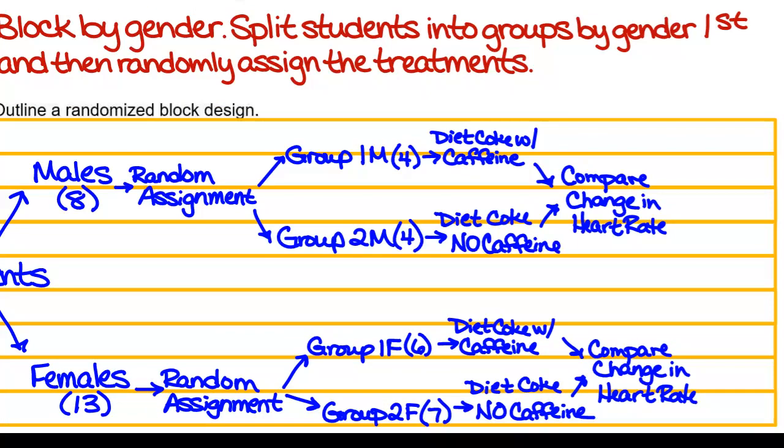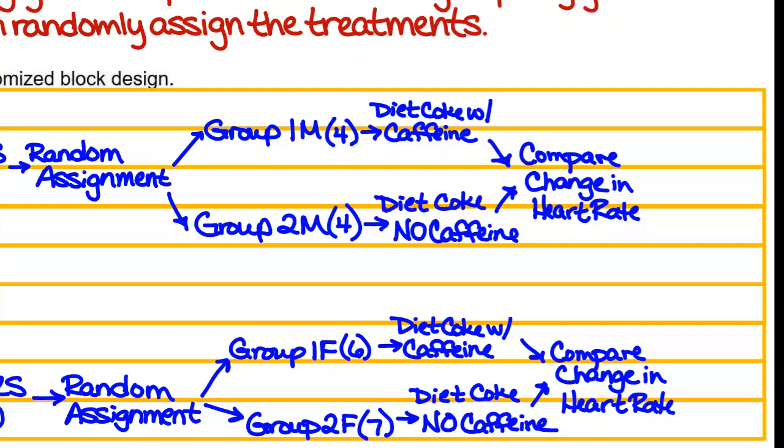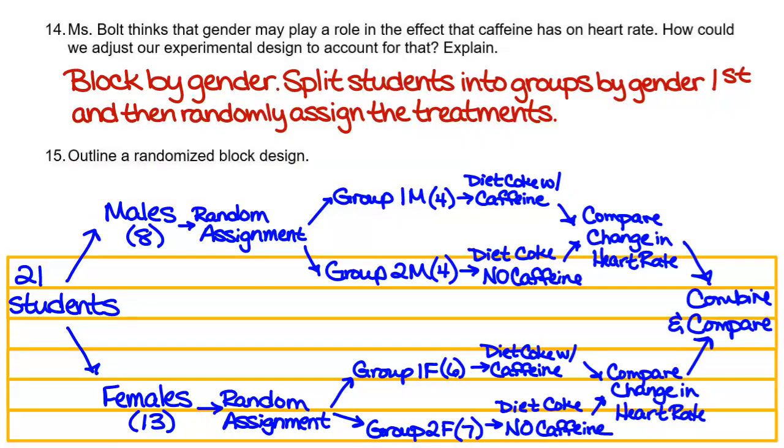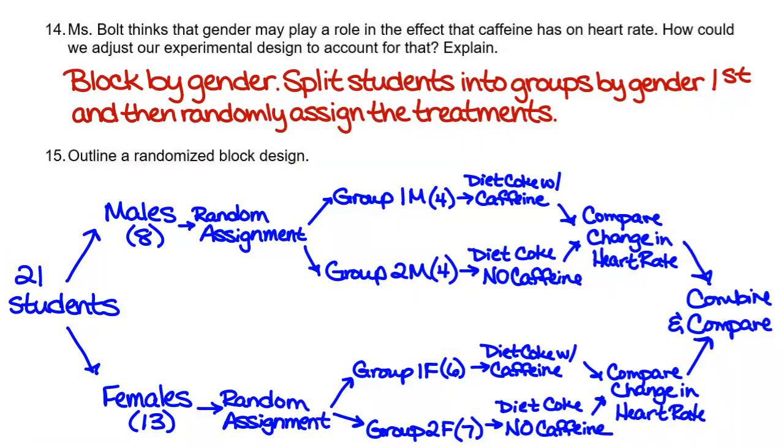All right. Now what? Combine the 2 groups and compare. Nicely done. So blocking by gender.